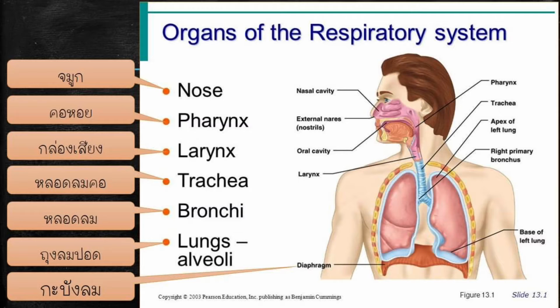Let's review the organs of the respiratory system: nose, pharynx, larynx, trachea, bronchi, lungs, alveoli, diaphragm.